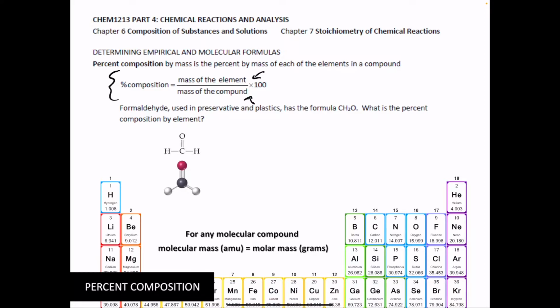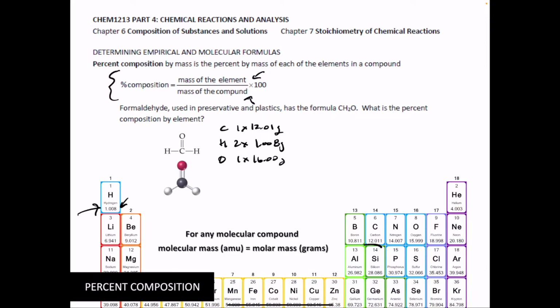How do I find the mass of a mole of anything? It's on the periodic table if it's an element. C, I have one of those, and its mass is 12.01 grams. I have two H, 1.008 grams each from the periodic table. O is 1 times 16.00 grams.